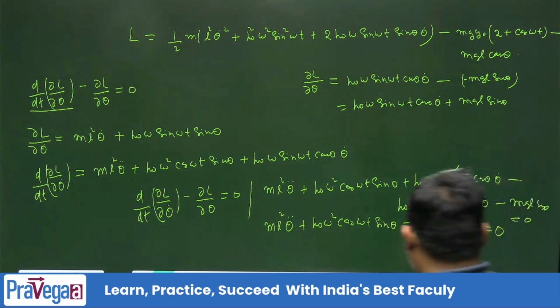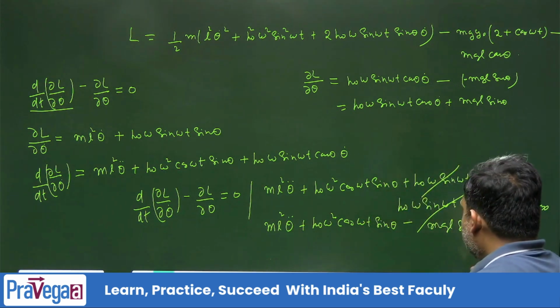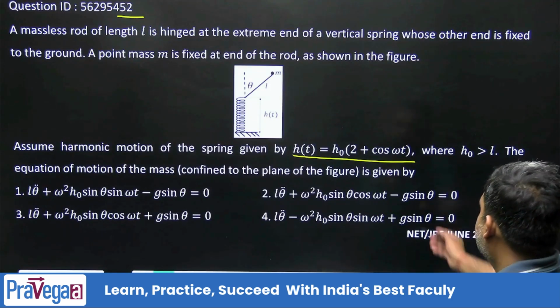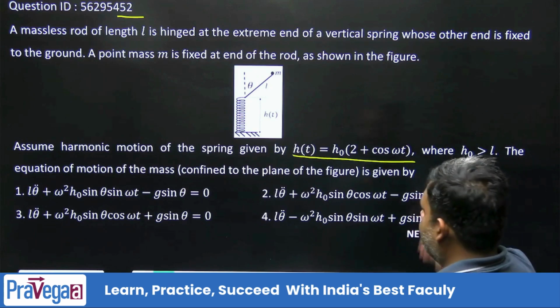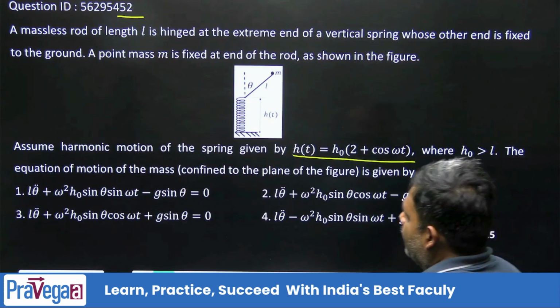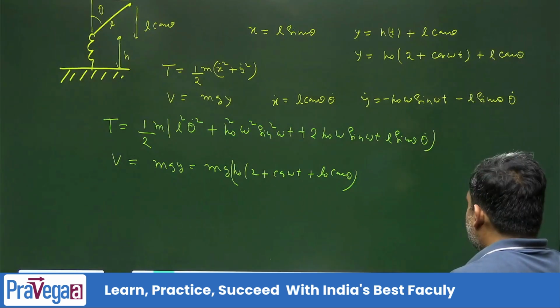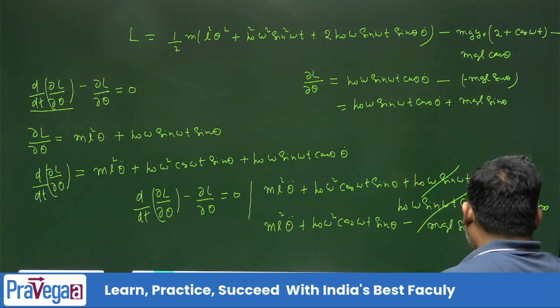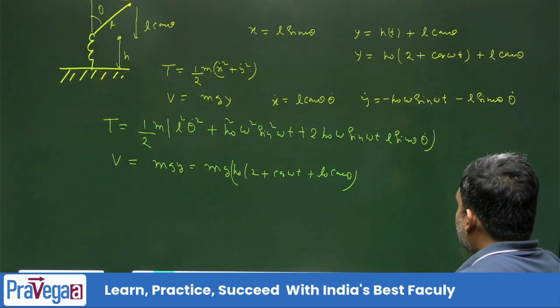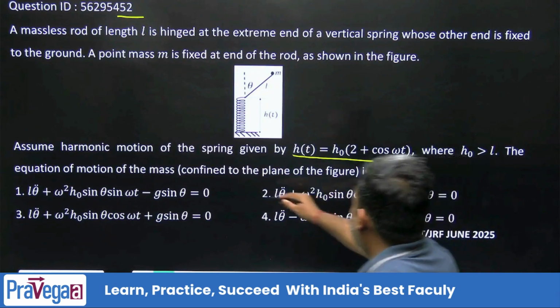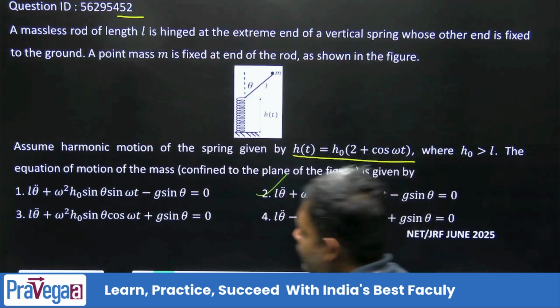Let us try to see which option is going to match with this one. I think g sin θ with the negative sign is there, and sin θ and cos ωt are there. So, cos ωt sin θ. You can take L common. So, this value is the correct answer. So, these two options are the correct answer.